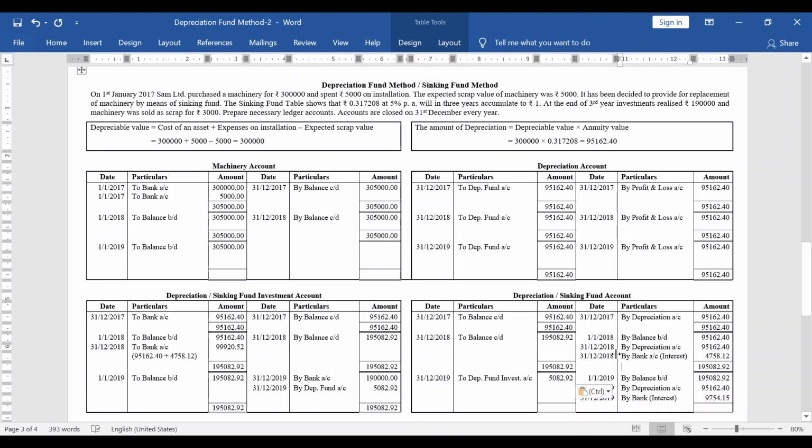Now next, the depreciation fund account is closed by transferring the accumulated depreciation to the asset account. That is, at the end, the depreciation fund account is closed and the balance is transferred to machinery account.